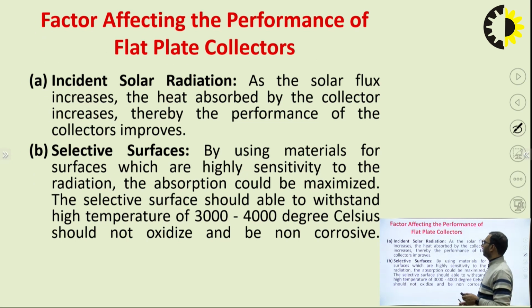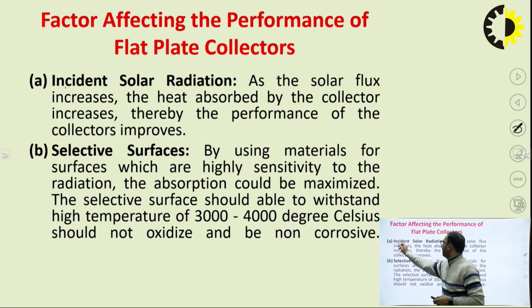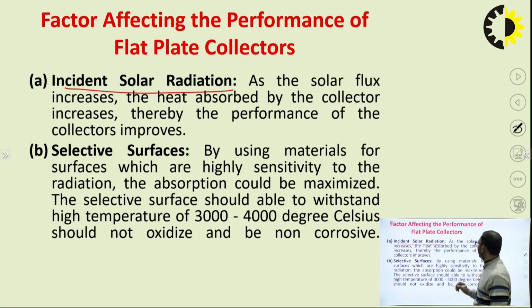Now, I will discuss the different factors which can affect the performance of a flat plate collector. The first parameter is incident solar radiation. As the solar flux increases, the heat absorbed by the collector increases, thereby the performance of the collector also improves.